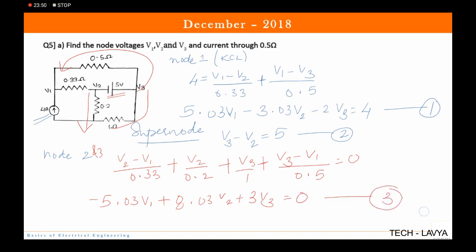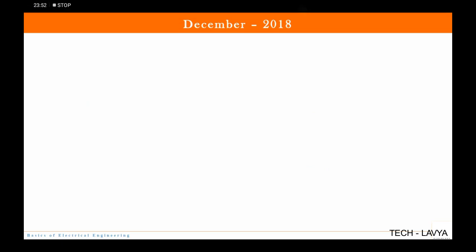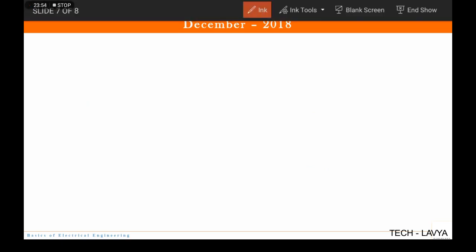Okay. So we got these equations. So after solving these equations, we will be getting the value of V1 and V2. So V1 comes out to be 2.62 volts. V2 comes out to be minus 0.17 volts. Now please pay attention that here V2 is minus.